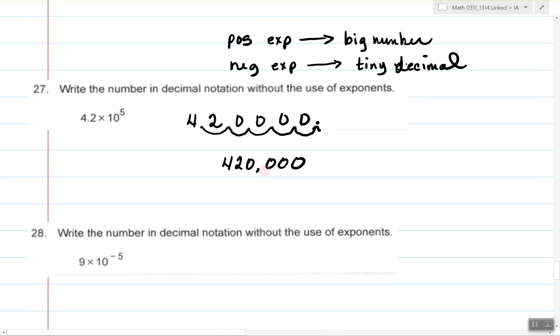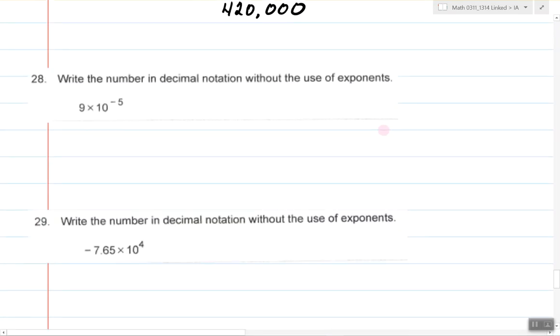I don't have students memorize move right, move left. All I do is think about big and little. Number 28. This time there's a negative exponent. And when you have a negative exponent, it means a tiny number, and to make the number 9 get smaller, we're going to move the decimal to the left.